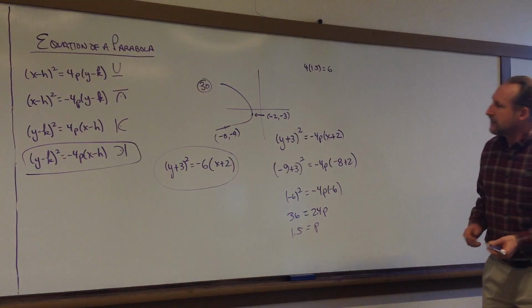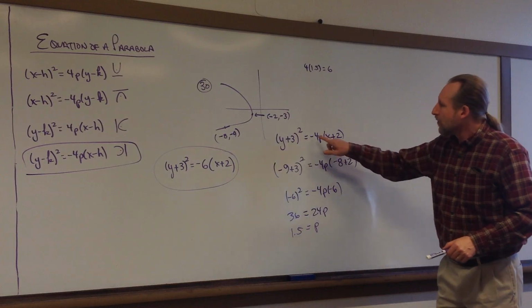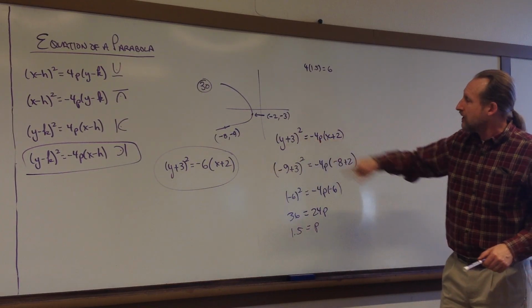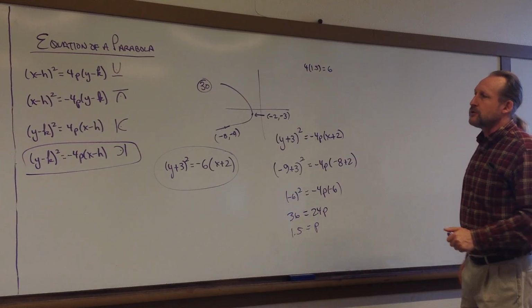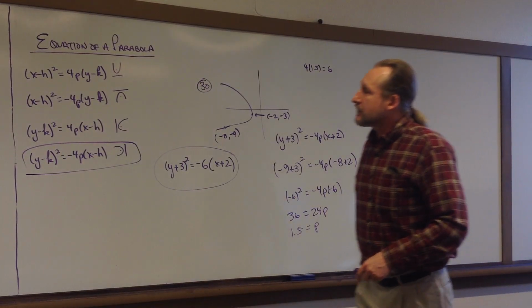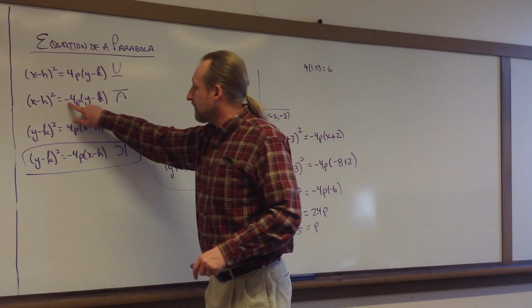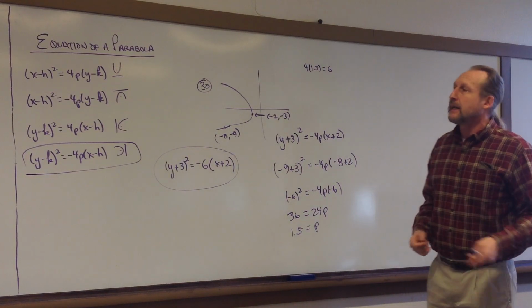So whether you carry that negative around in the value of p, or you put it outside in front of that 4p expression, that's entirely up to you. That's really just a matter of choice, okay? As a teacher, I like to put the negative sign out in front to remind people that that value will be negative, okay?